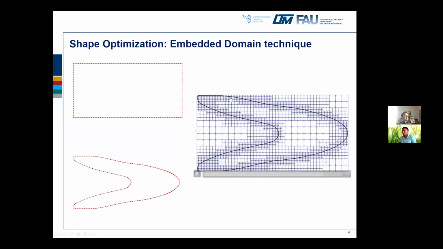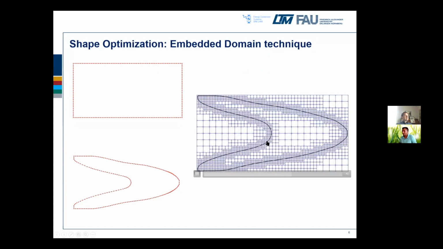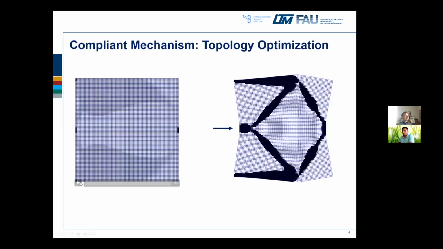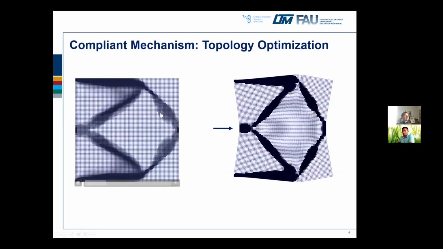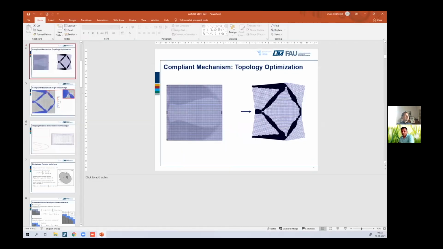So here you can see the nodes are moved to get the desired feature of the structure. And in topology optimization, it's basically varying the densities of the finite elements to get the design. I hope this answers your question.